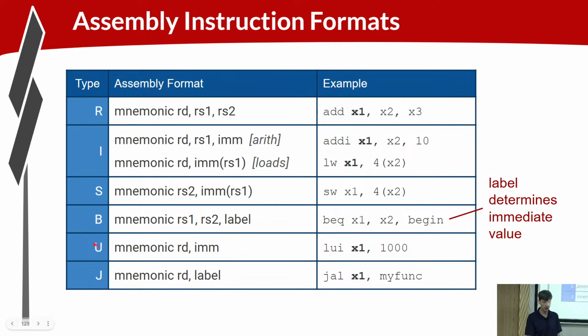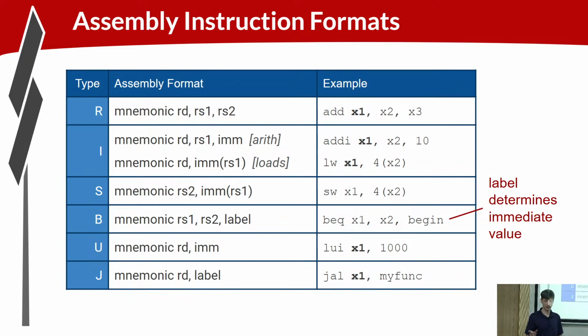So let's see, U format has a larger immediate value and a destination. It's good for things like loading large immediate values into a register. J type is for jumps. The terms jump and branch are used differently in different instruction set architectures.